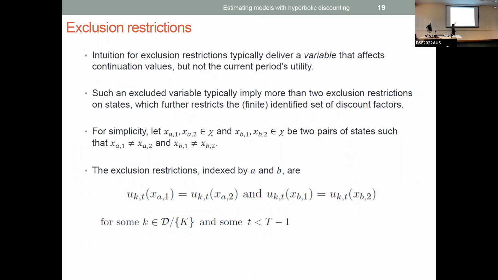You perturb the state, and the utility flow is the same. That's an exclusion restriction. And you find another pair of states where the utility flows are the same. In the empirical application, there will be an example of this kind of exclusion restriction.